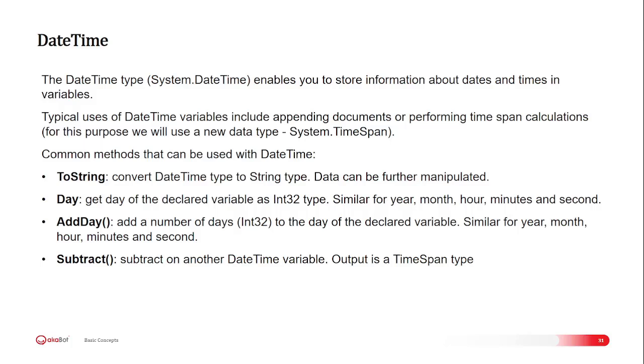And there are some common methods that can be used with datetime. One is toString, which converts a datetime type to a string type. Data can be further manipulated, or we can use the functions add or subtract to add a number of days in integer form to the day of the declared variable, similar for year, month, hour, minute, and second.